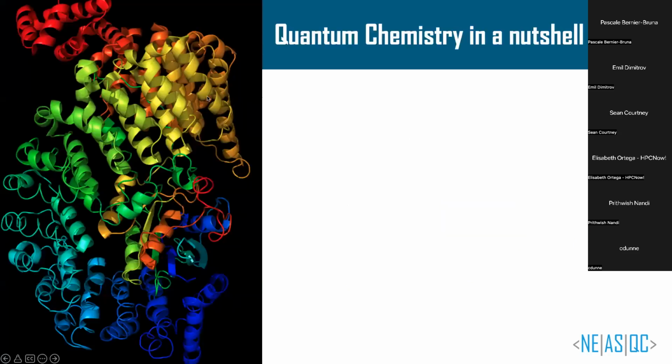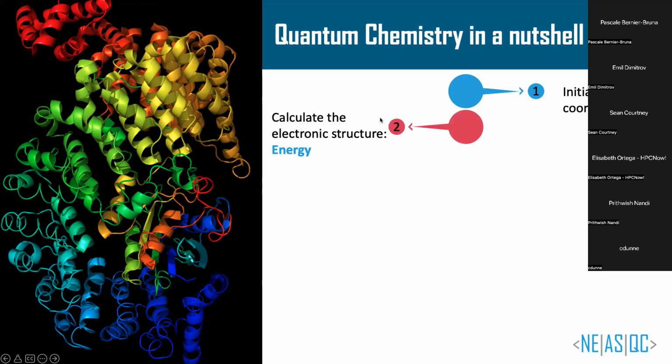So how do we do it in classical quantum chemistry? What is the approach in a nutshell? We have the initial coordinates of whatever system you have. With these coordinates, you obtain the electronic structure and the energy.